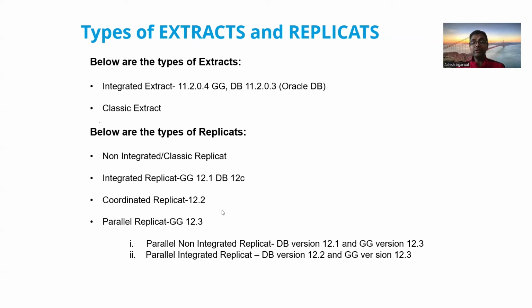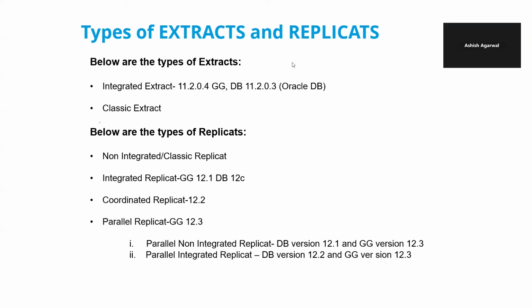If you have GoldenGate version 12.1, you can choose whether you want to go with integrated replicat or coordinated replicat, or you can choose parallel replicat as well in your environment. Whatever type of replicat or extract you want to choose, you can pick any type in your environment.